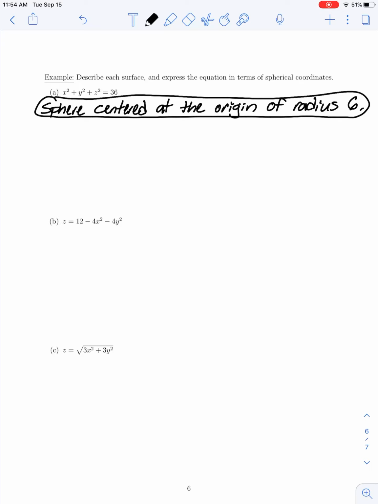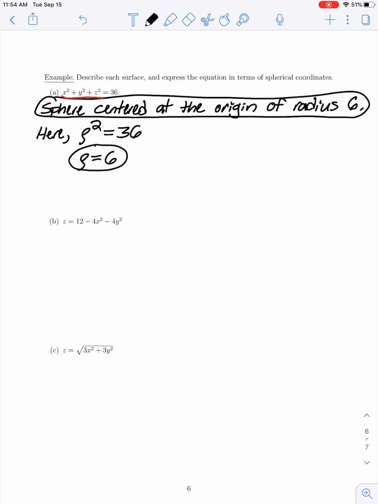So a couple of ways we could do it. Formally, when we look at the sum of x squared plus y squared plus z squared on this left-hand side, we can recognize that as being rho squared, since rho was the square root of the sum of those squares. And this has to equal 36. So it follows that rho must be equal to 6.